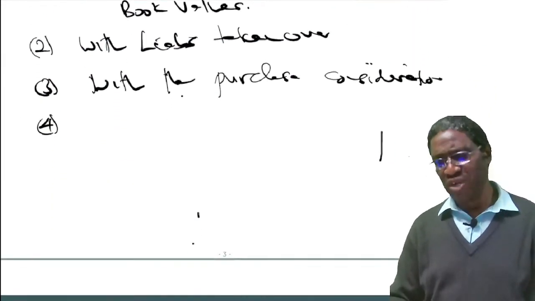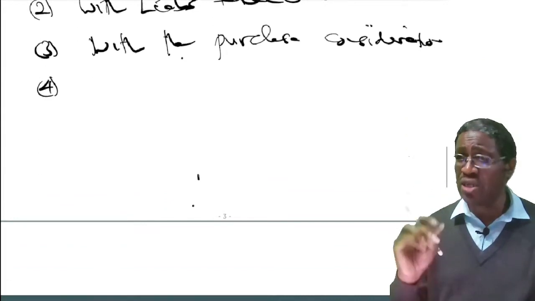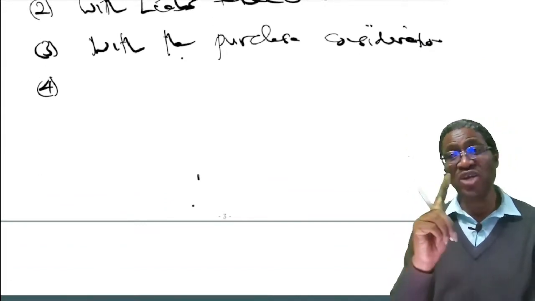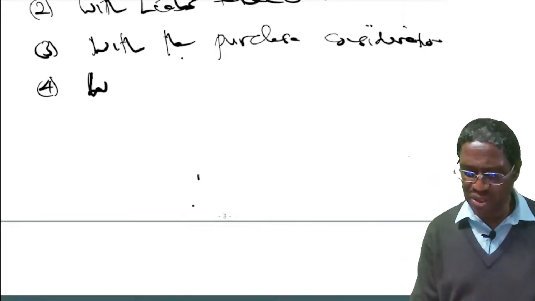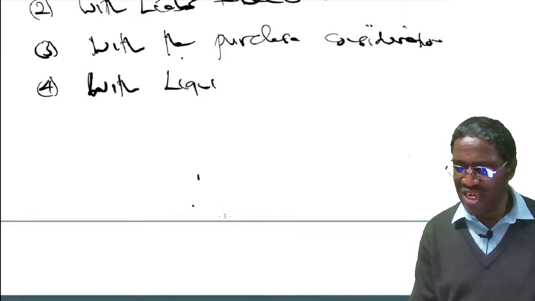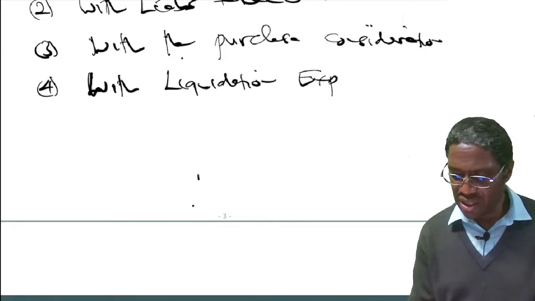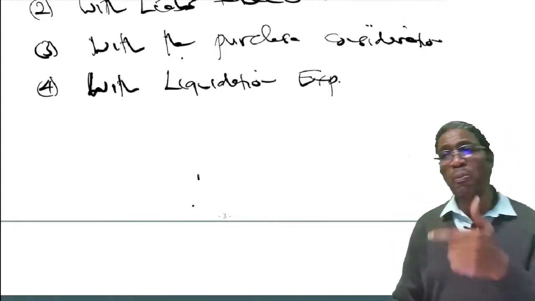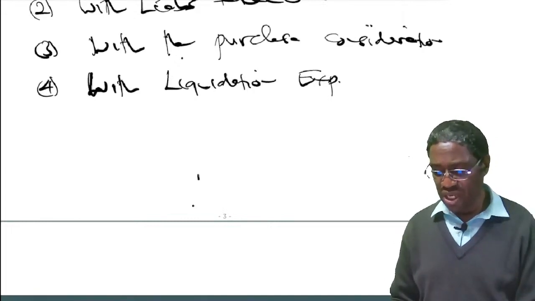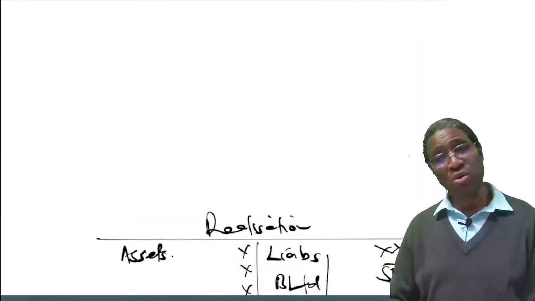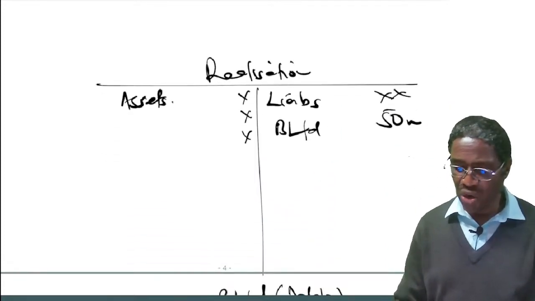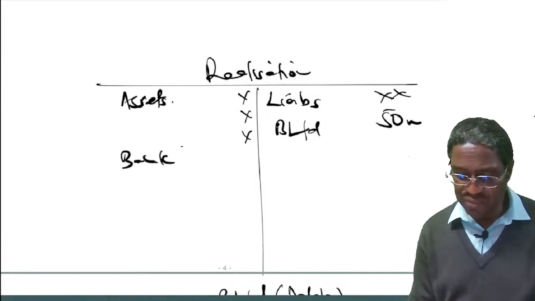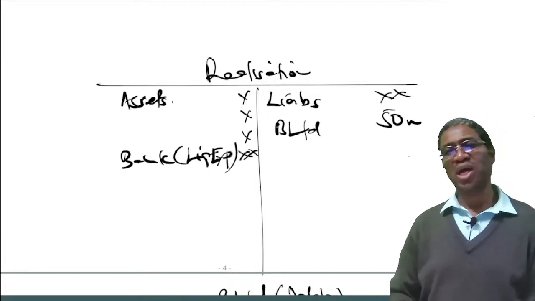It is your responsibility as company A to liquidate yourself so that you sell your business to company B. So with liquidation expenses, number four: if you as company A paid your liquidation expenses on your own, you will debit realization account and you credit bank with any liquidation expenses.